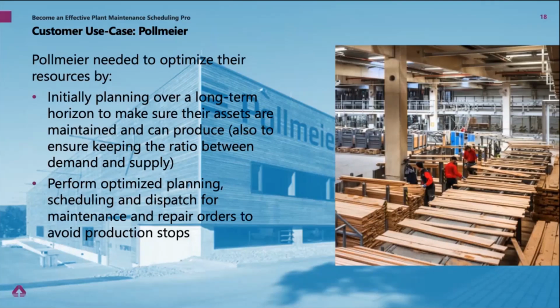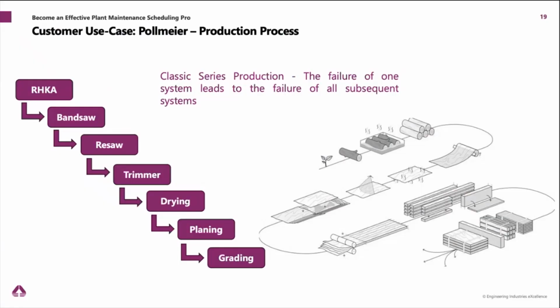Here we see an overview of the production process. I don't want to go into too much detail here, but let's have a look at the right side. On that graphic, you see the timber as it would come from a forest. This timber runs through a production process consisting of several steps until at the end of the day you receive it in a shape which you could use for house building or furniture and other things.